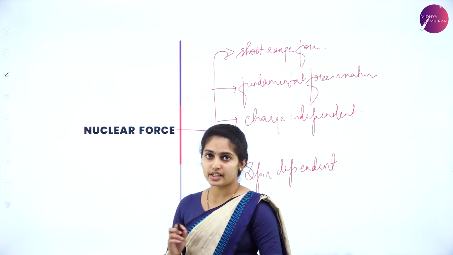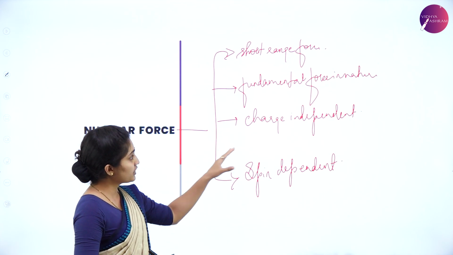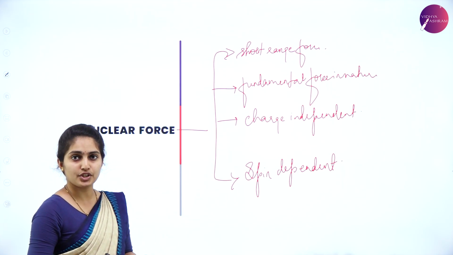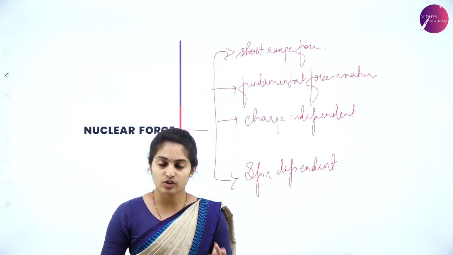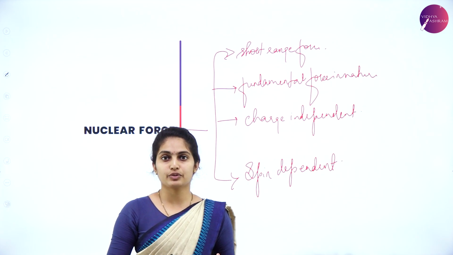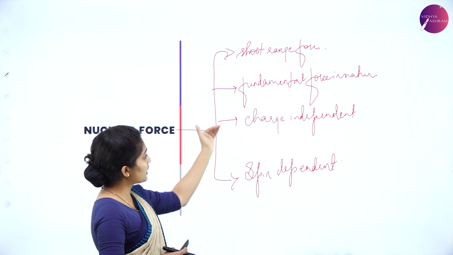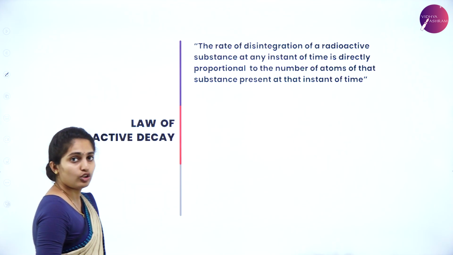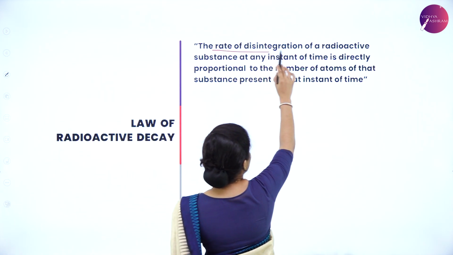So this is how exactly the nuclear force turns out to be. These are the nuclear force properties. It is one of the fundamental forces in nature, out of gravitational force, electromagnetic force, strong nuclear force as well as weak nuclear force, out of which the nuclear force is the one having these set of concepts.